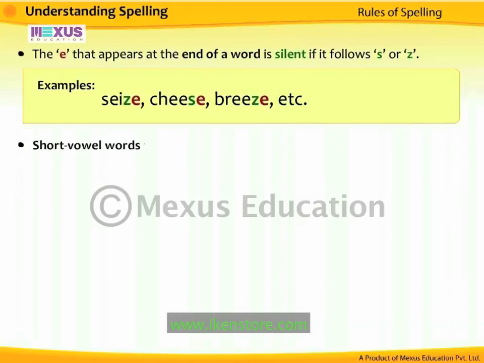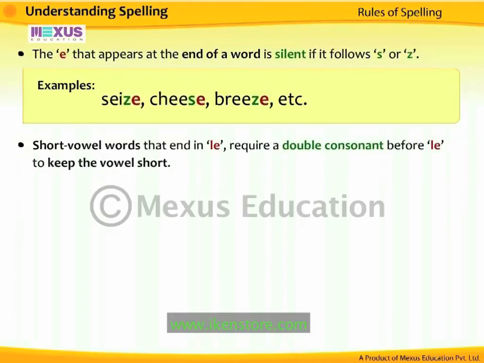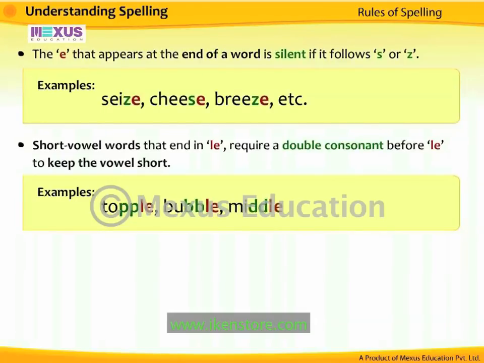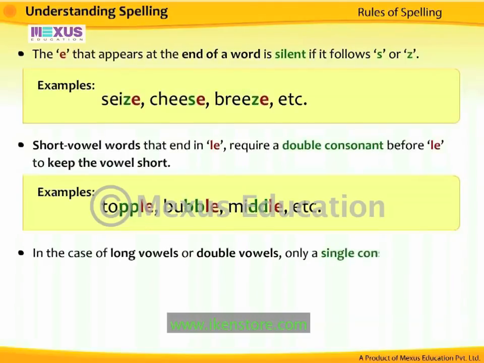Short vowel words that end in LE require a double consonant before LE to keep the vowel short. For example, topple, bubble, middle, etc. In the case of long vowels or double vowels, only a single consonant comes before LE.